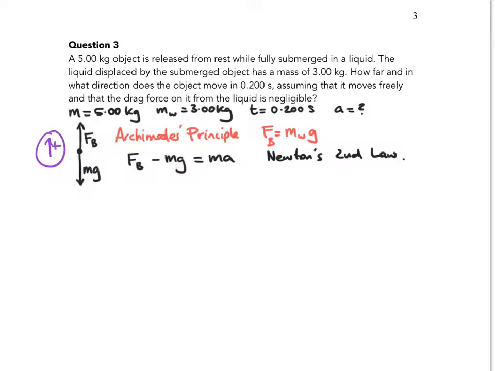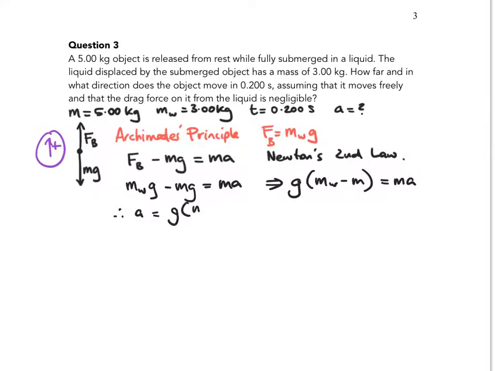So we can then say mass of water times g minus mg equals ma. And we're going to solve for acceleration, so we can make this a bit neater and say g outside of mass of water minus mass equals mass times a. So therefore, acceleration is equal to g times mass of the water minus the mass, all divided by mass. We can put some values in for this now. 9.8 times mass of the water, 3, minus the mass of the object, 5, divided by 5.